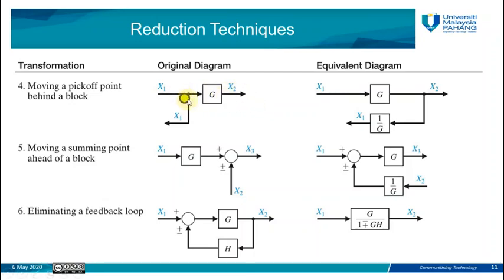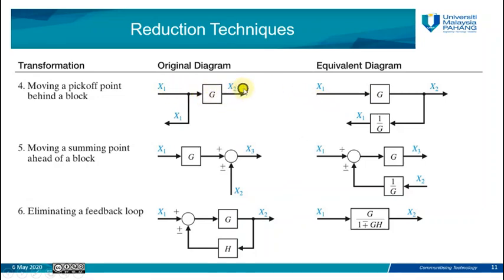At this point we have X1, which goes through the transfer function and gives you X2, but the same X1 is also taken as input for another subsystem. So if we want to move this point from before G to behind G, X1 will go through G to give you X2, so nothing changes here.